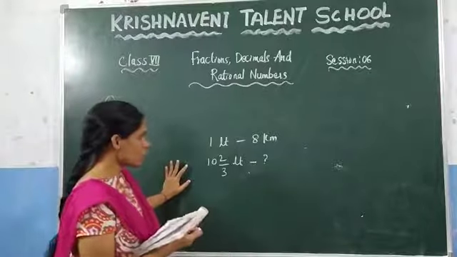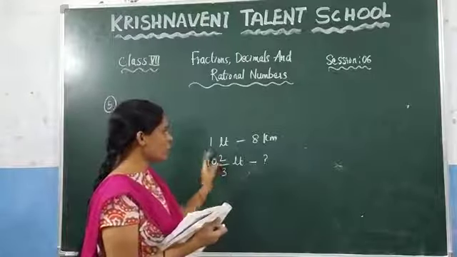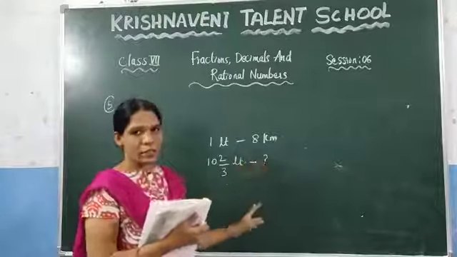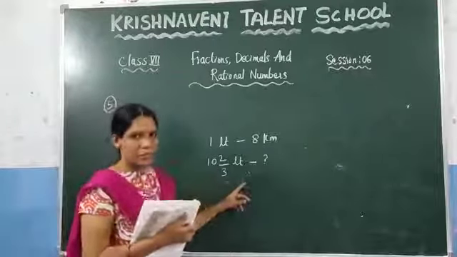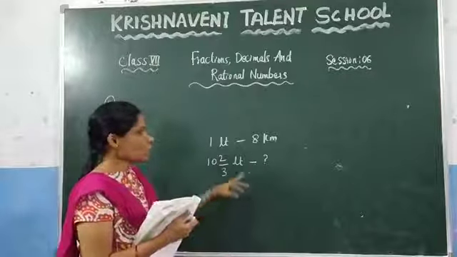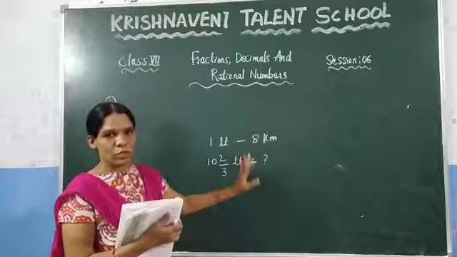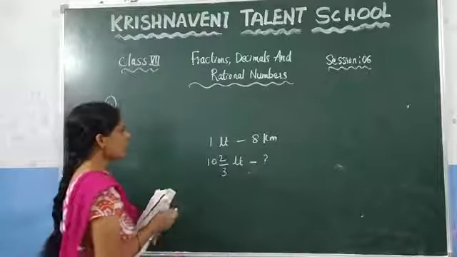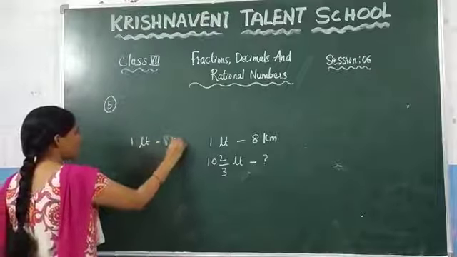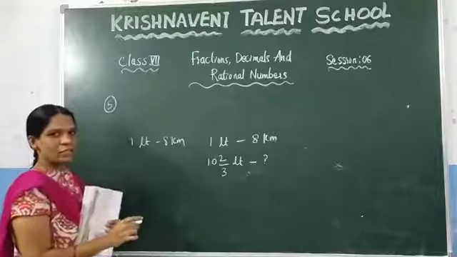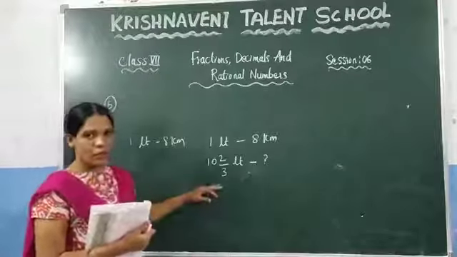What's the question given here? With 1 liter of petrol, the truck is traveling a distance of 8 kilometers. Now, if the truck uses 10 2/3 liters of petrol, how much distance does the truck travel? This you need to calculate here. First, how do you do it? With 1 liter of petrol, it is traveling 8 kilometers. You need to convert into the improper fraction.